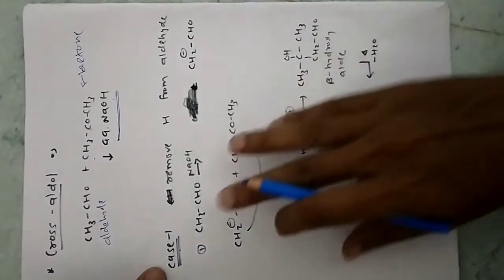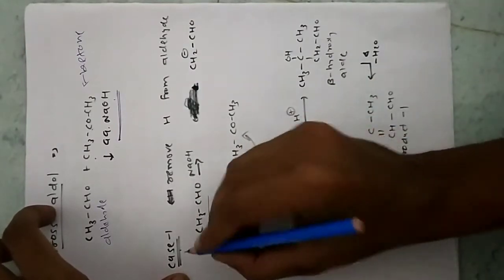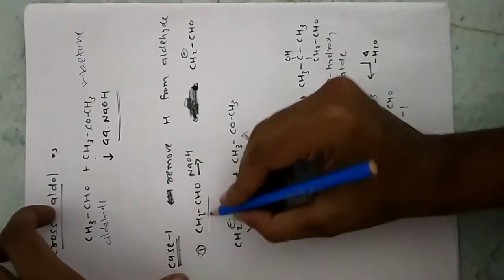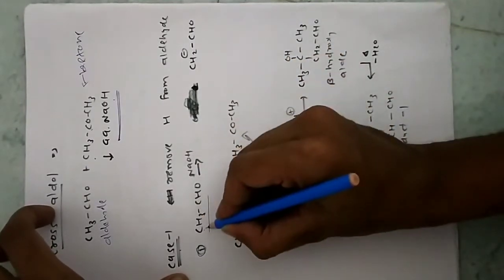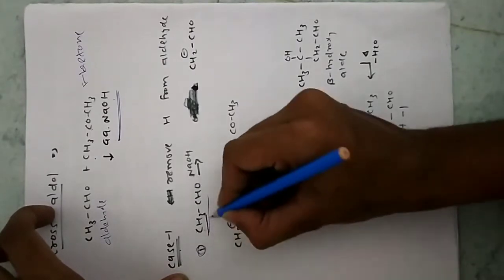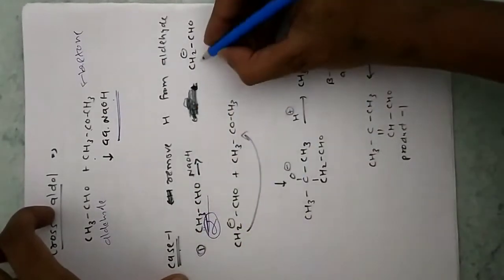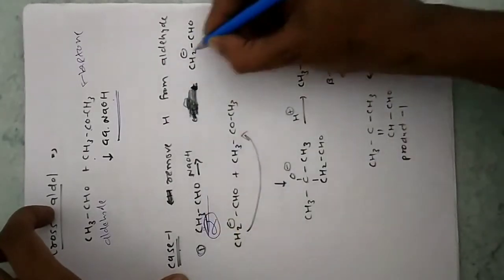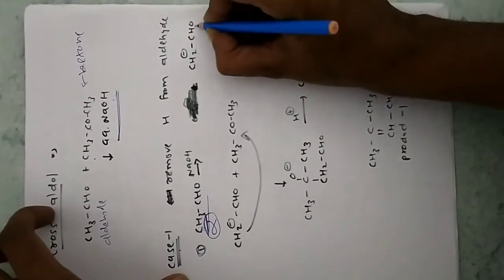So the method is the same, I told you. This one is our step 1. CH3CHO reacts with NaOH and hydrogen is removed from the alpha carbon. So instead of CH3 I have written CH2 negative ion, then CHO.